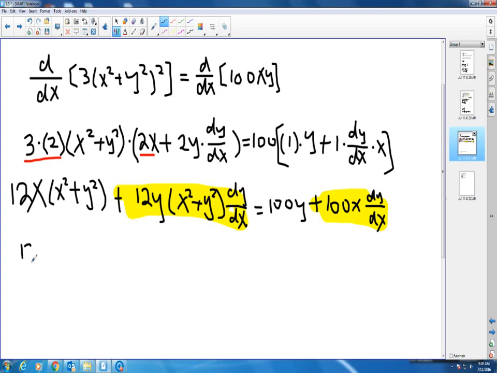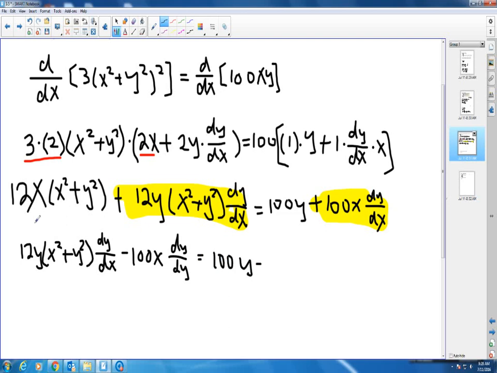So that will give me (12y(x squared plus y squared)) dy/dx minus 100x dy/dx equals (100y minus 12x) times (x squared plus y squared).